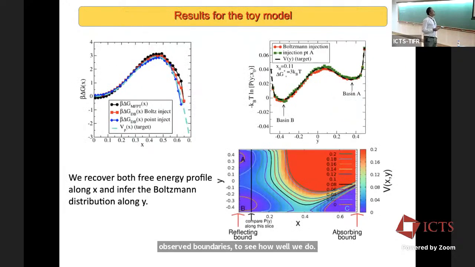And it turns out we do rather well for the toy problem on which we've been trying to do this. You can reconstruct the free energy surface along the second axis quite well.